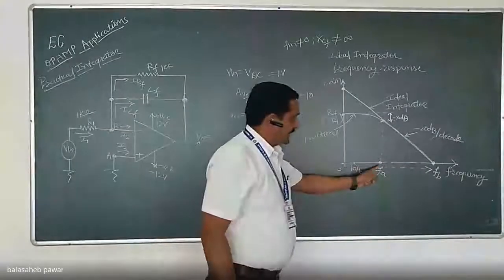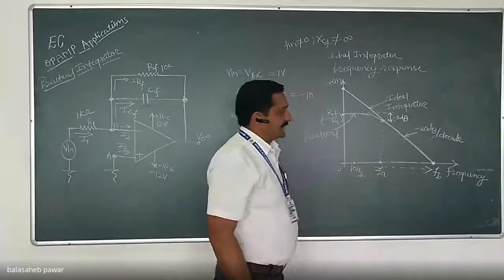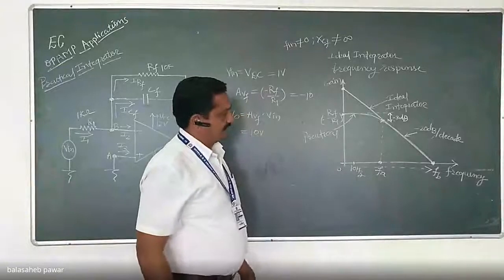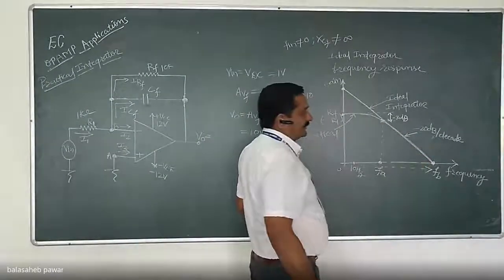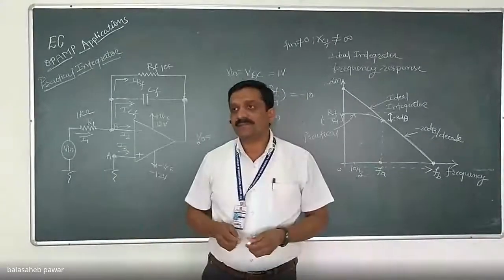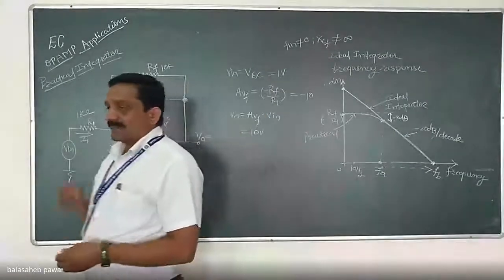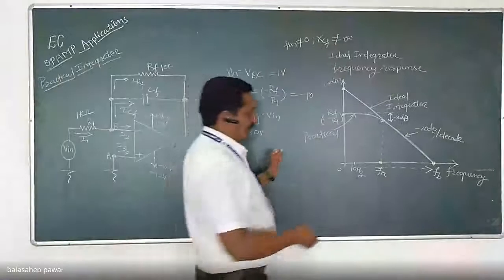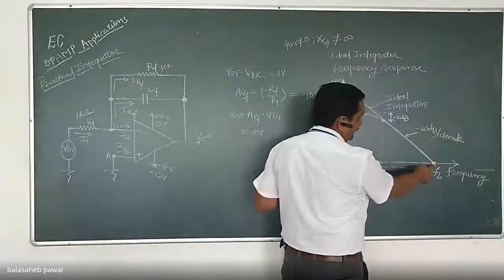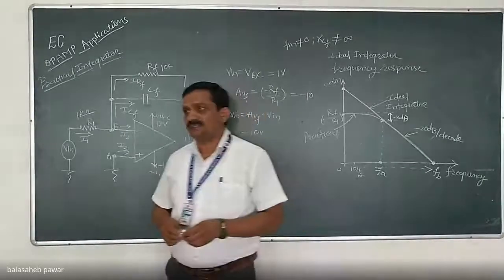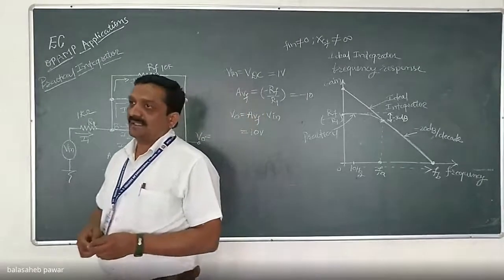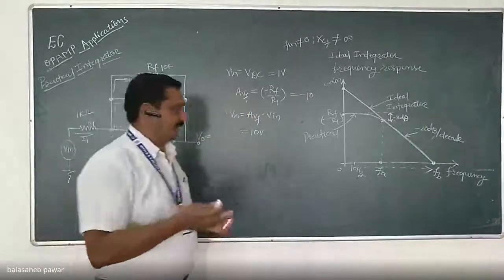After FA, if we increase the input signal frequency, the roll-off in gain starts at minus 20 dB per decade. At a particular, much higher frequency, that is FB, the gain becomes 0 dB, and the absolute gain will be 1.